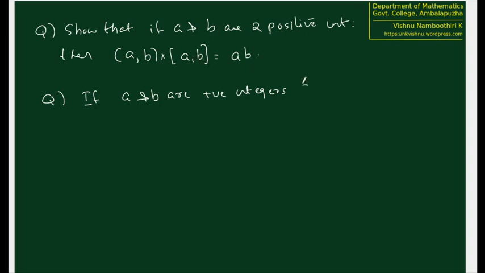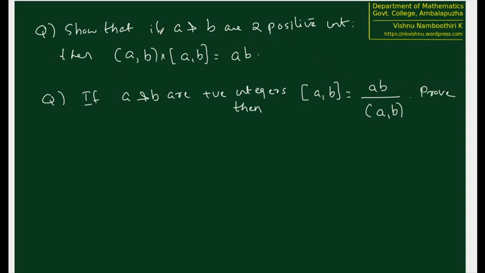So to find LCM, the LCM of A, B is nothing but the product of A and B divided by GCD of A and B. Since we know that there is an algorithm for finding the GCD of two positive integers, the Euclidean algorithm, once we find the GCD and the product of the two numbers, we can easily find the LCM also. So this is also an exercise. This is quite straightforward.